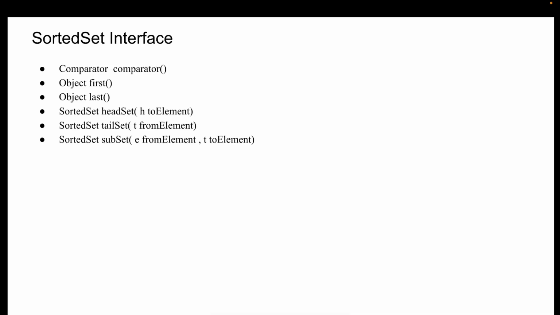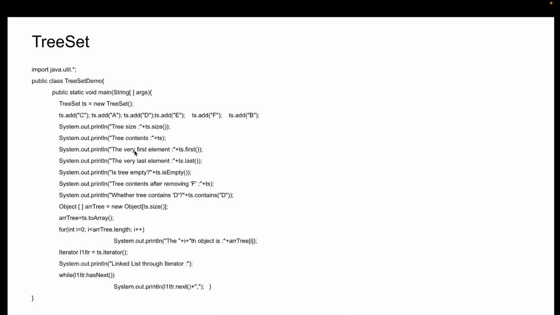It extends the set interface, so the set interface is your parent interface, and sorted set is your child interface. Sorted set has methods like comparator, first, last, headSet, tailSet, and subSet.